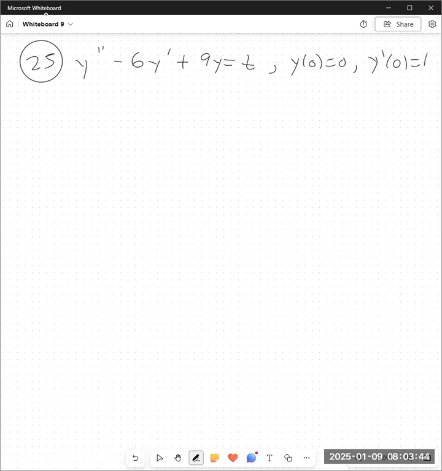Let's look now at number 25. That is y double prime minus 6y prime plus 9y is equal to t, with y of 0 equal to 0, y prime of 0 equal to 1.